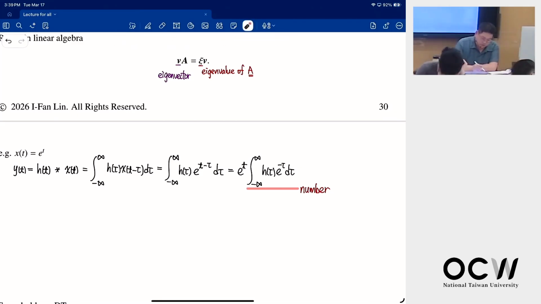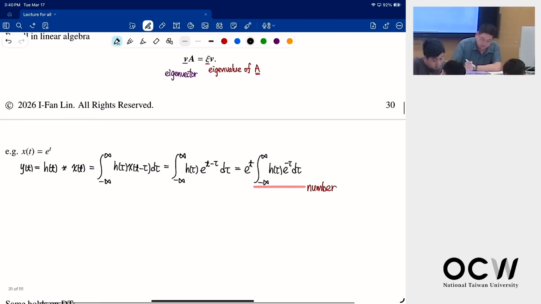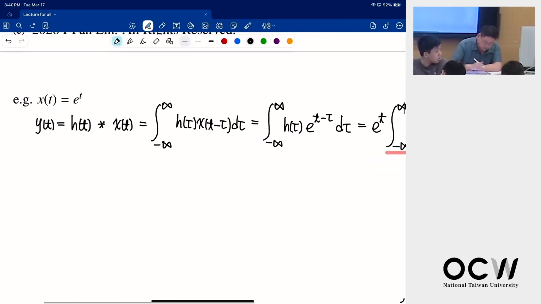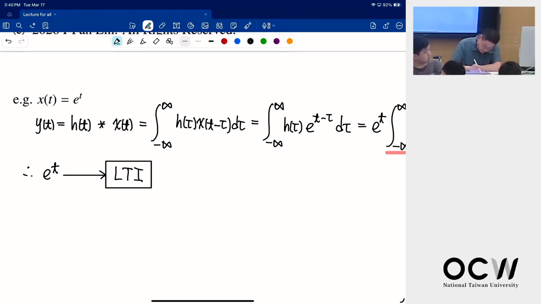So my output is e to the t but times a number. So e to the t into the LTI system gives a constant times e to the t.